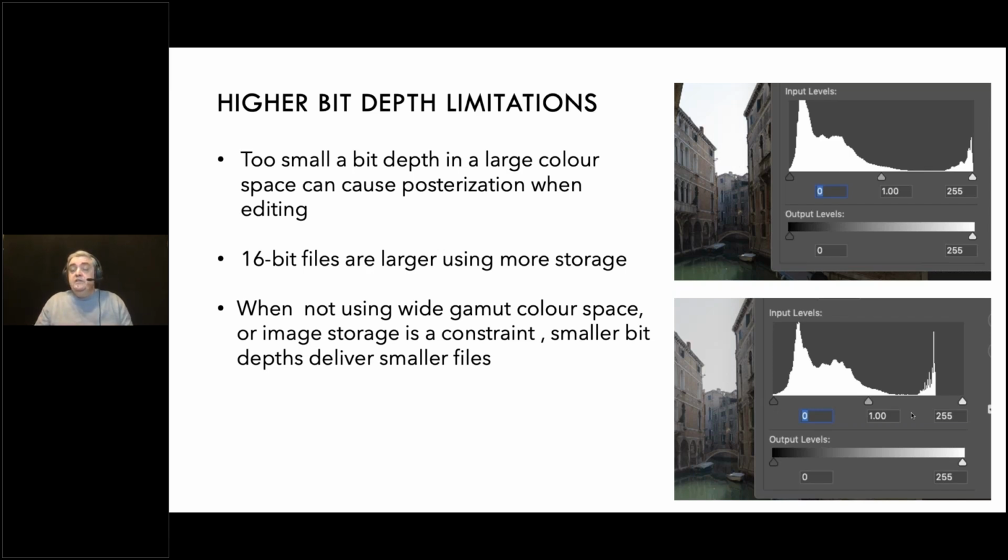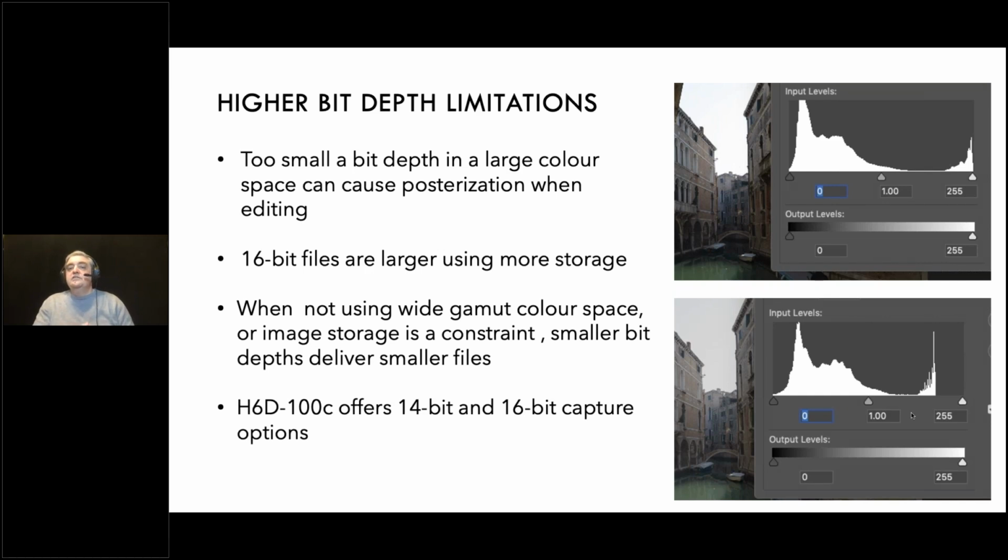And even if it's maybe just a web job, which is only going to be ever shown in sRGB in 8-bit, then you could work in a lower bit depth for that particular job. But generally, let's be honest, if you've got a 16-bit or a 14-bit camera, you're going to carry on shooting at that level and then modify the final image down to what's required afterwards.